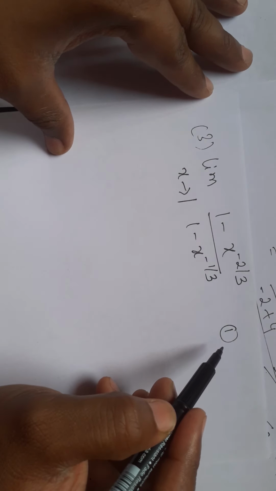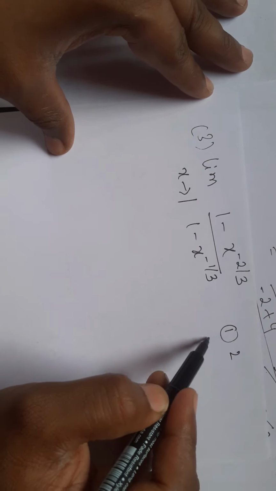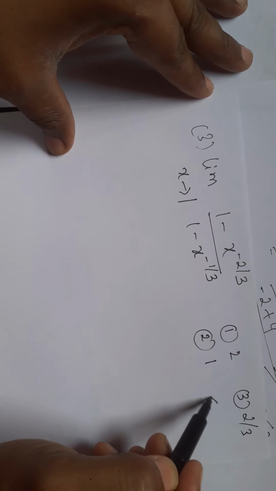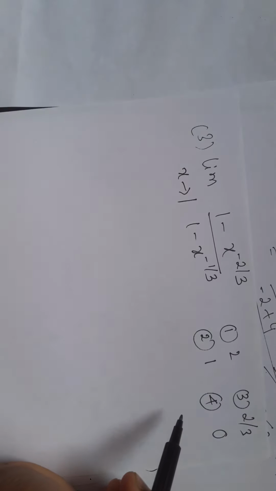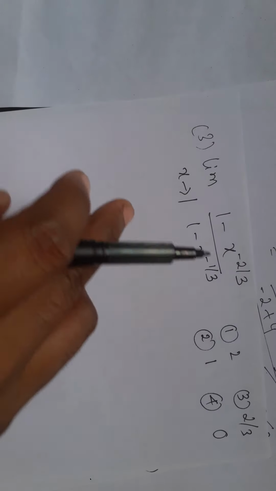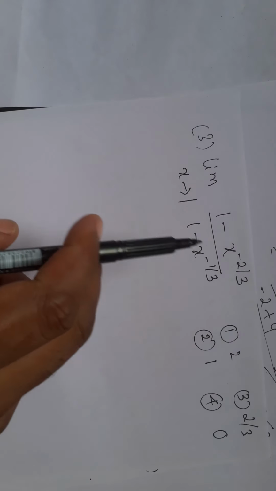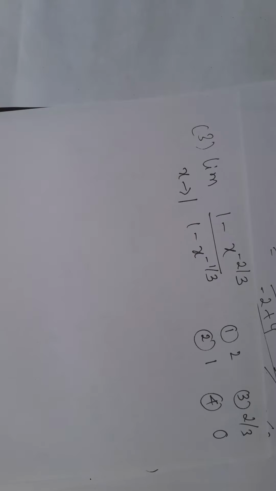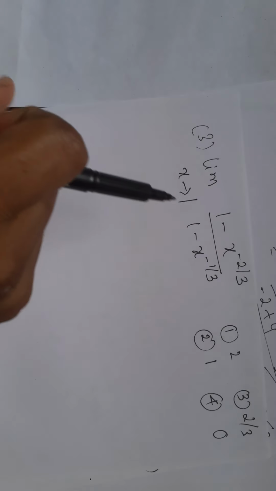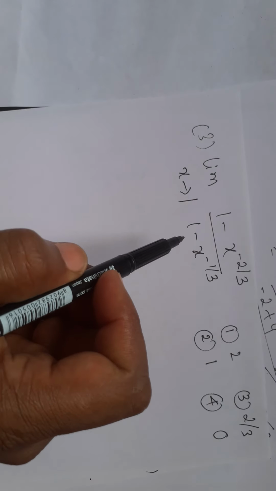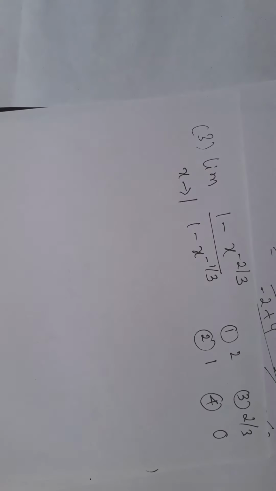Option 1, 2, option 2, 1, option 3, 2 by 3, option 4, 0. We can use the LH rule, no problem, because differentiation of x power minus 2 by 3 can be done with the x power n property. But here also I can think of factorization. If I use one simple logic, the denominator term will get cancelled easily.